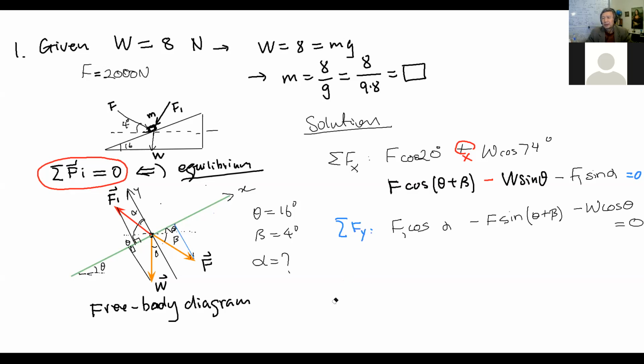That's right. You got two equations, right? And how many unknowns in these equations? Two unknowns. Do you agree? Yeah, two unknowns. So can we solve these unknowns?